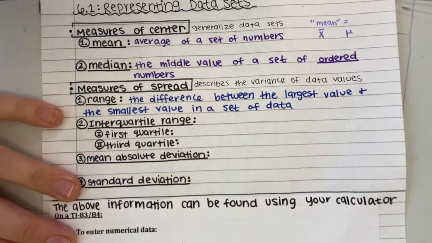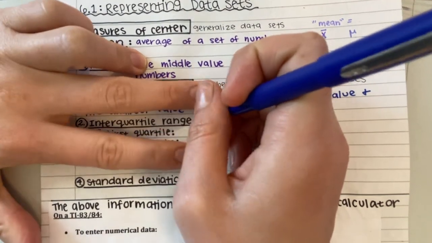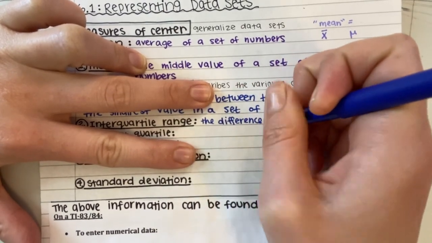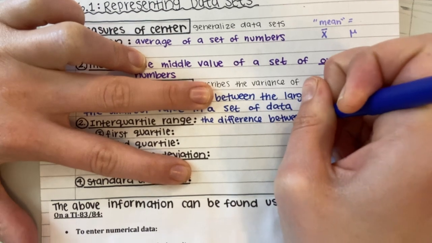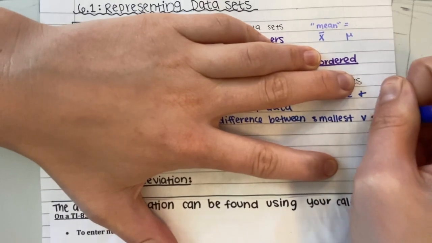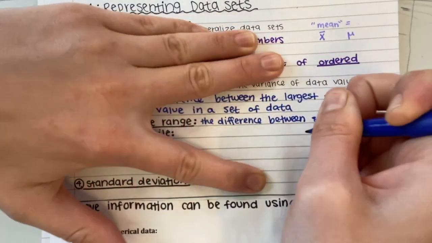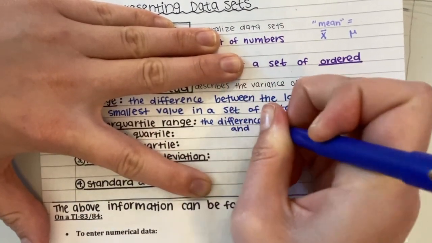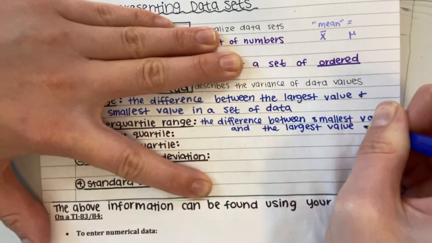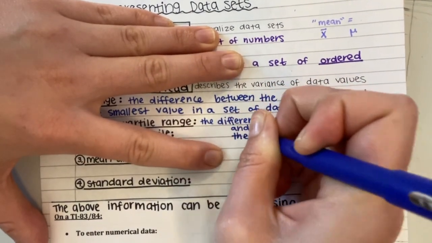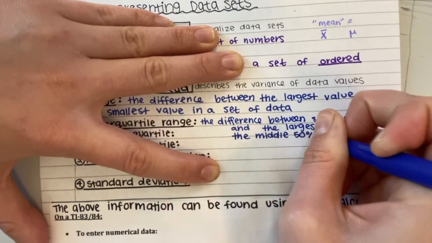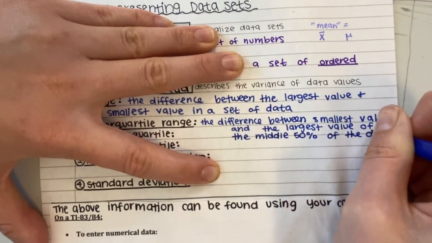So our interquartile range is the difference between, I probably won't have space to write all this in this one line, the smallest value and the largest value of the middle 50% of the data.